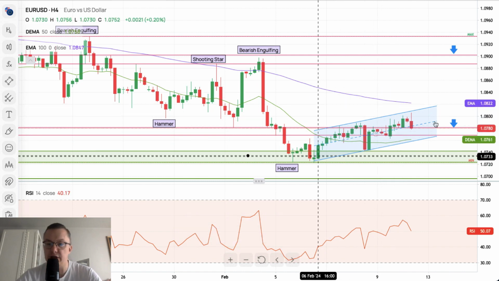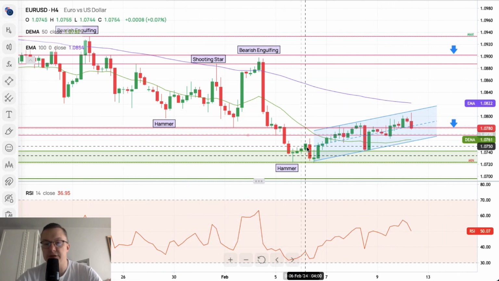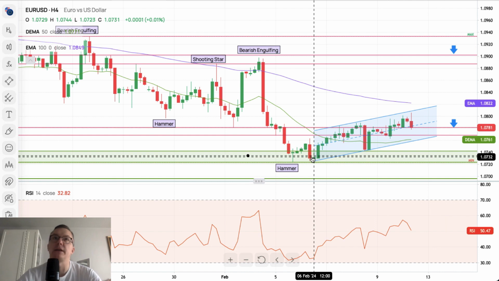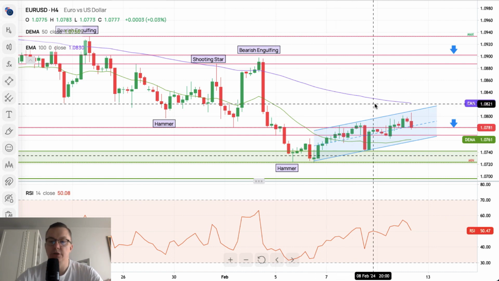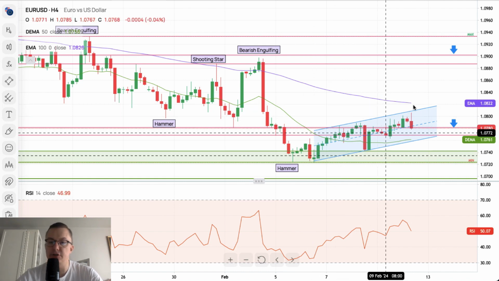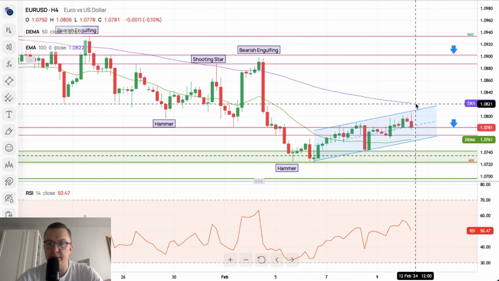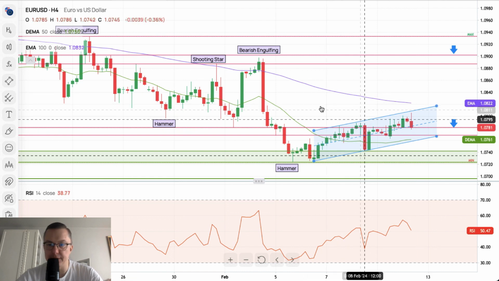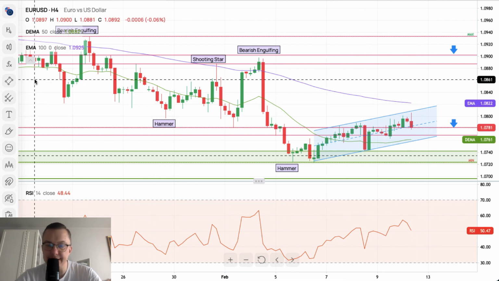As you can see, blue channel, corrective. So this movement to the downside that might look like a falling wedge is not actually materializing just yet. We got A, B, C, which should be the best pattern that we have on the euro dollar these days.